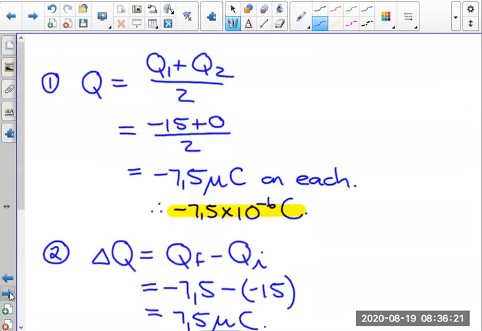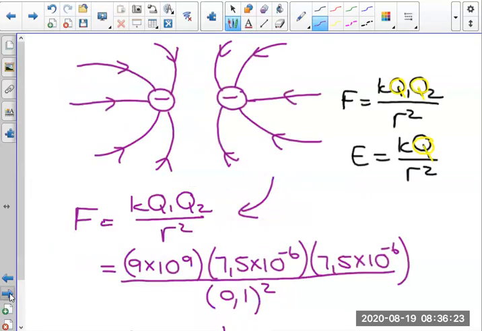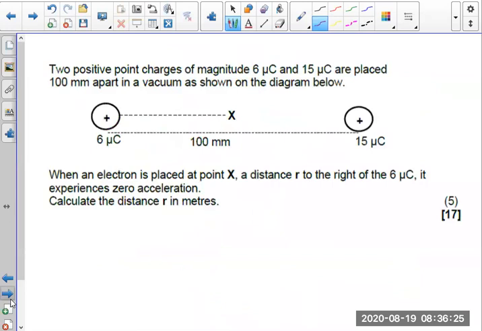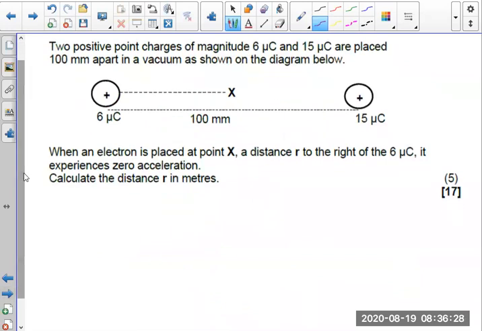The next question that I have here is this one. They say 2 positive point charges with magnitudes of 6 microcoulomb and 15 microcoulomb are placed 100 millimeters apart in a vacuum as shown in the diagram below.